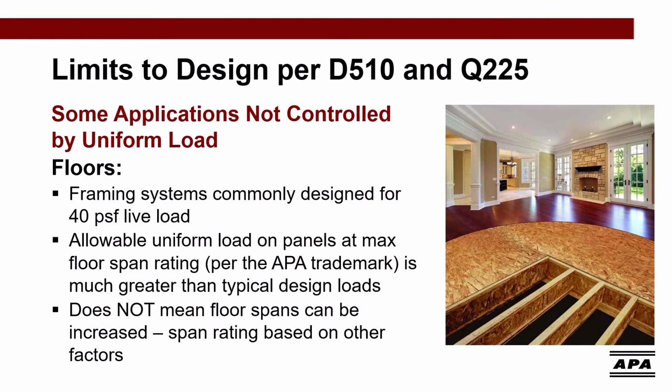This excess does not mean that floor spans for wood structural panels can be increased, but only that there is considerable reserve strength and stiffness for uniform loads. The recommendations for floor panels are based on performance under concentrated loads, how the floor feels to passing foot traffic, and other subjective factors that relate to public acceptance. Always check the maximum floor and roof spans for wood structural panels before making a final panel selection for these applications.